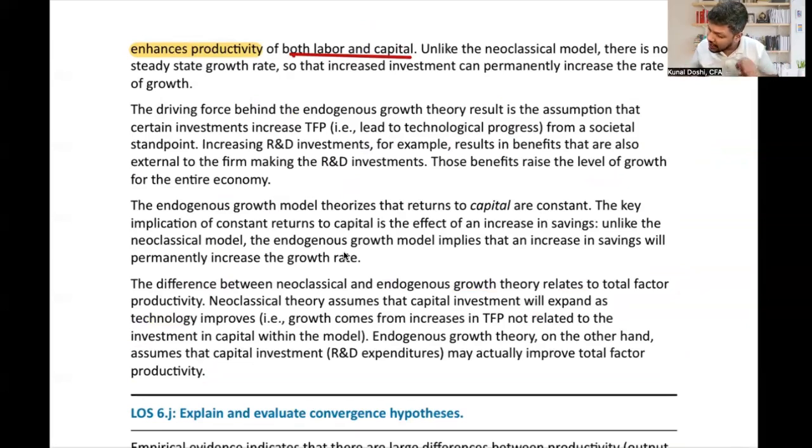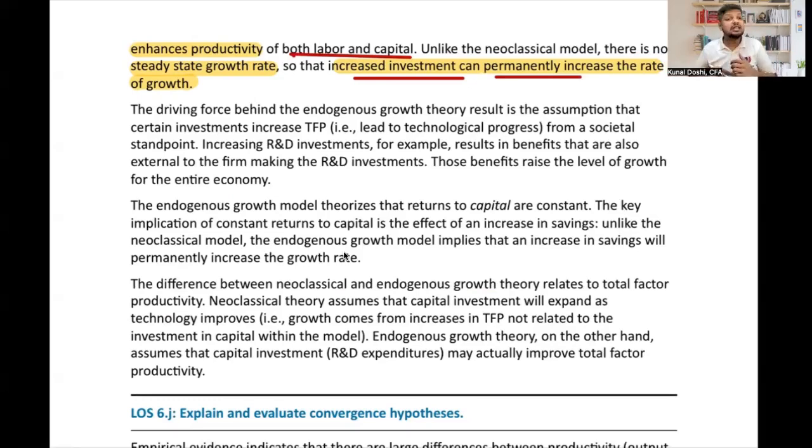Unlike the neoclassical model, there is no steady state of growth. So increased investment can permanently increase the rate of growth. Yes, this is the biggest differentiator. In the neoclassical, it's said that by just adding more capital, there cannot be permanent growth in the economy.